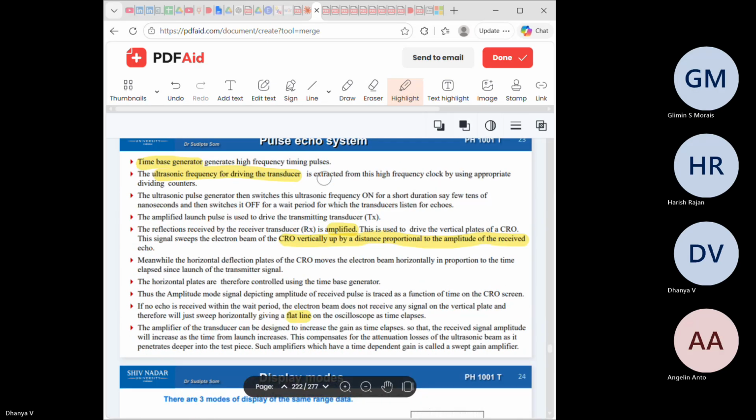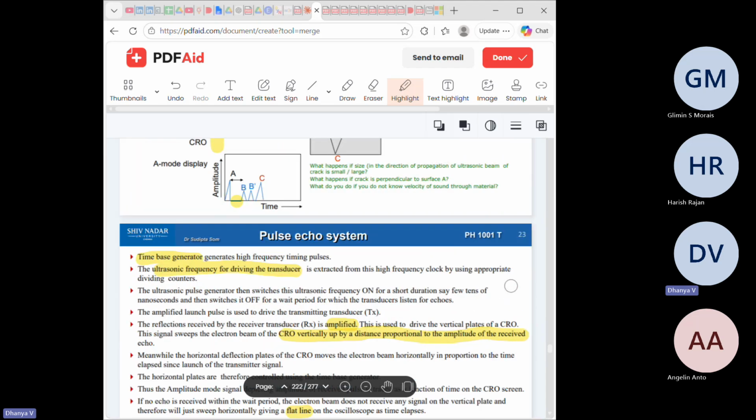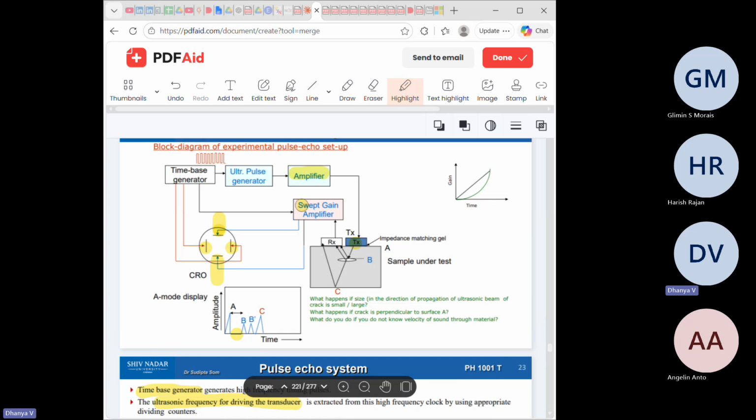Such amplifiers which have a time dependent gain are called swept gain amplifiers. Essentially this is based on your time, like when you receive it, there is some delay between your transmission and emission. So your amplification based on your time is your swept gain amplifier.